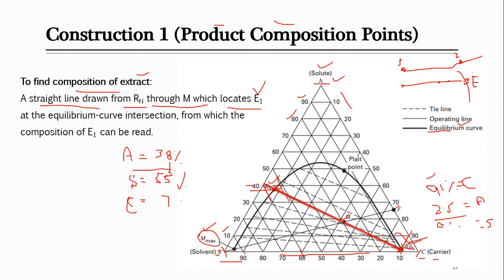Because if you jump beyond this point, we are in the one-phase region. You know that when you jump outside this curve, there is a one-phase region. We already talked about this, and inside there is a two-phase region. So this shows the maximum amount of solvent in the system which can be used while still maintaining two phases.